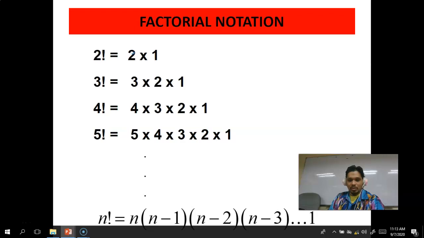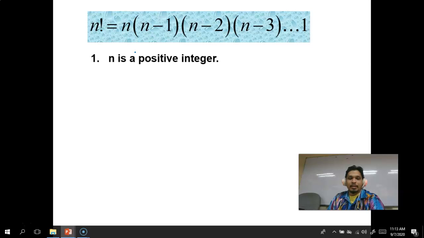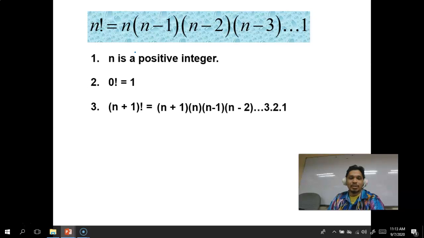So we come up with a conclusion that n factorial is n multiplied with n minus 1, multiplied with n minus 2, and so on until the last one is multiplied with 1. Okay, n is a positive integer. So 0 factorial equals 1 and (n plus 1) factorial equals this one here.